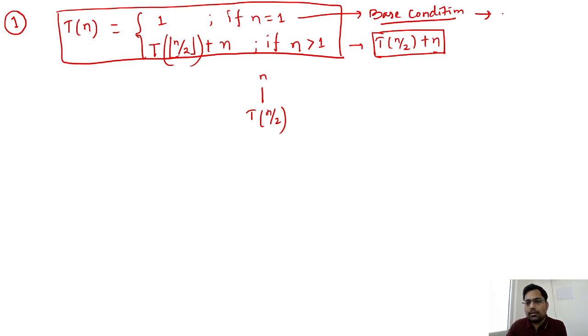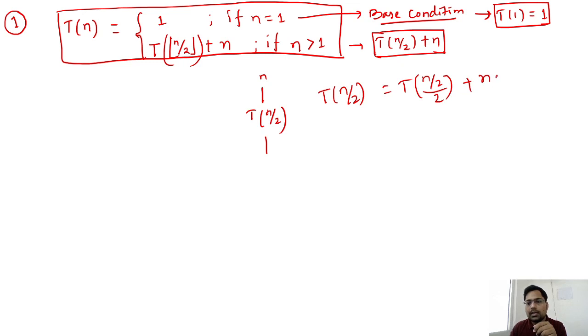Now the base condition is T(1) = 1. Why? Because n is 1, so in place of n you put 1, so the value is 1. Next, if you are going to expand, the cost would be n by 2. If you ask how n by 2, you put the value n by 2 in place of n, then it will be n by 2 by 2; write n by 2 in place of n.